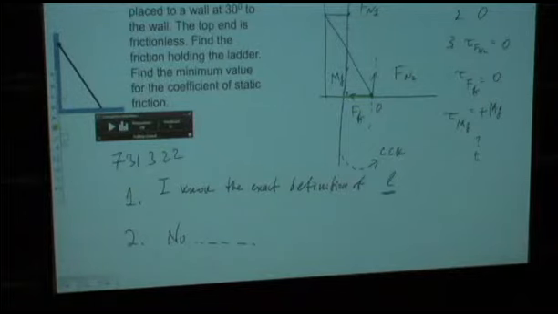Yeah, so we have a right angle triangle. That's the lever arm of the force of gravity, 90 degrees.